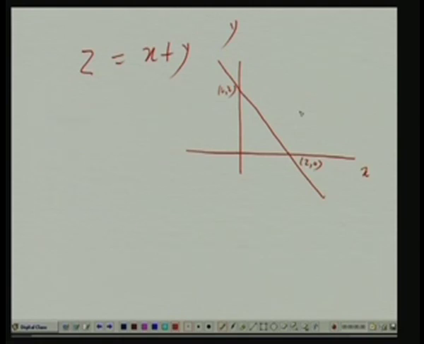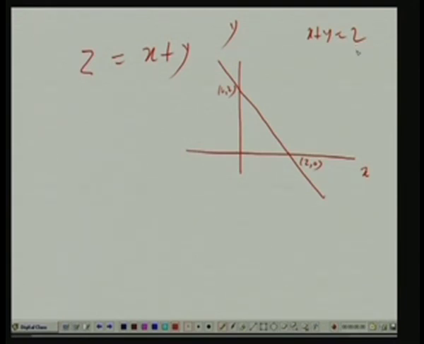So, given a particular z, say associated with this line, this line corresponds to what? x plus y equal to z for some given z. I have to find out the probability of the random variable z taking values less than or equal to this given z.